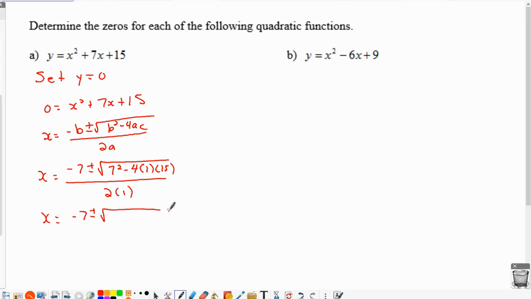I get negative 11. Do you get negative 11? Let's type it in, negative 11.